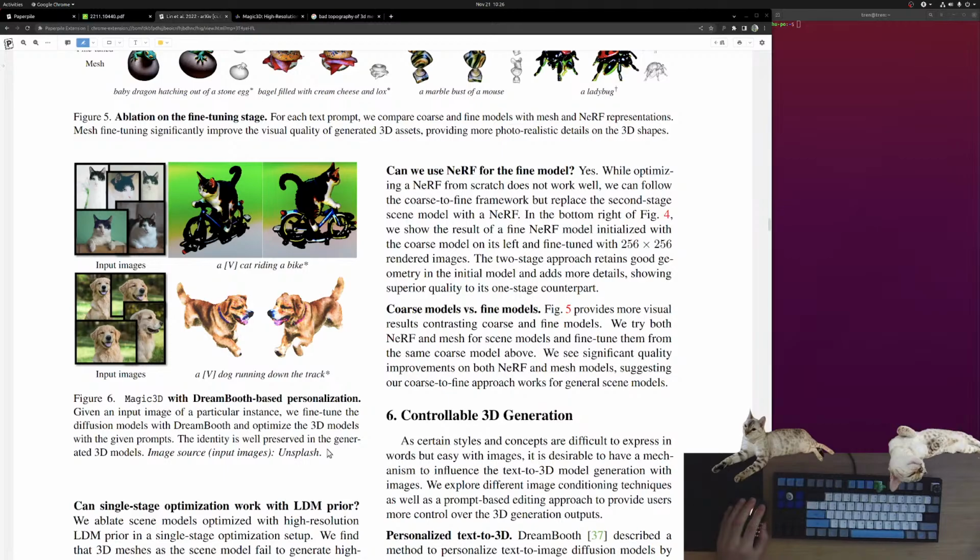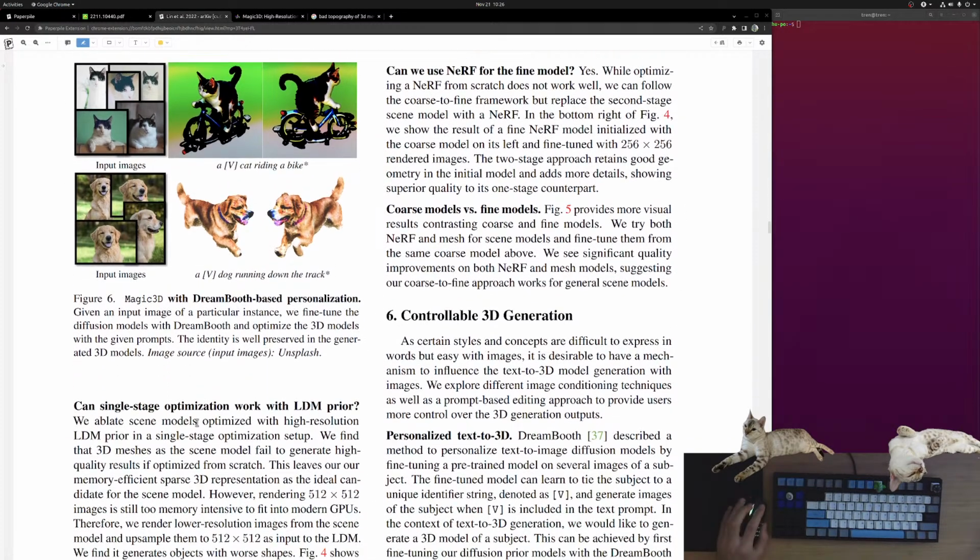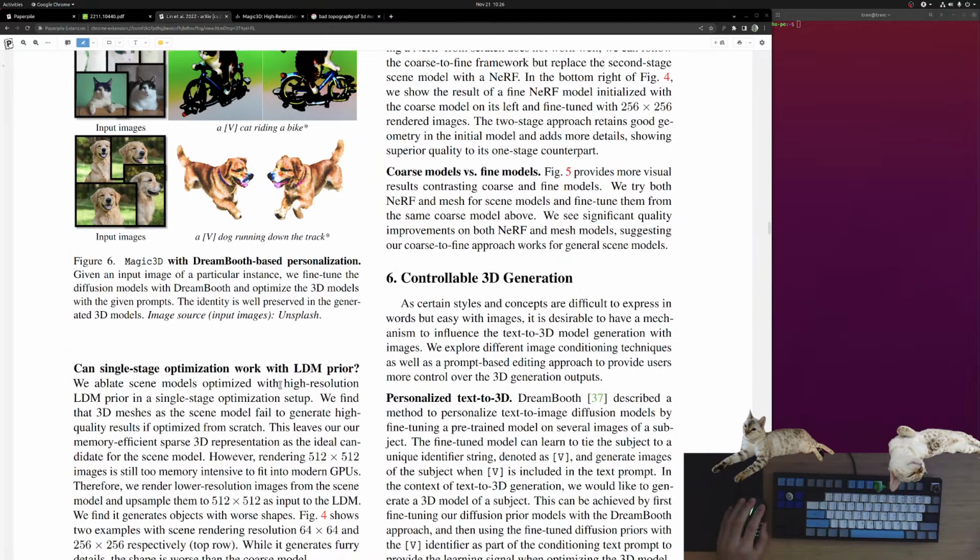Given an input image of a particular instance, we fine-tune the diffusion models with Dream Booth and optimize the 3D models with the given prompt. Okay. Can single-stage optimization work with LDM prior? LDM is the latent diffusion model.